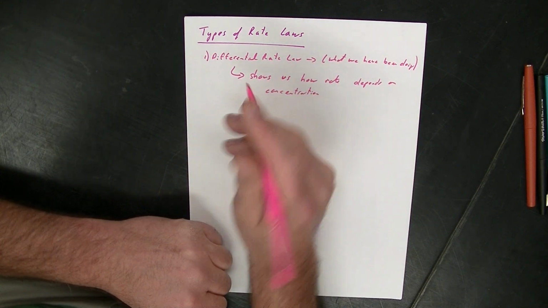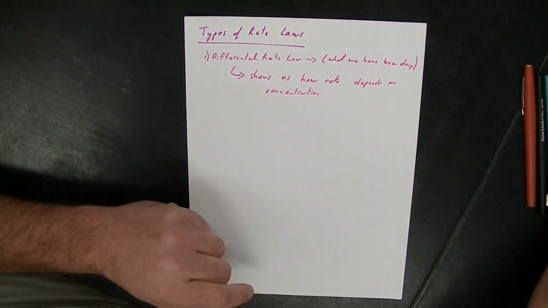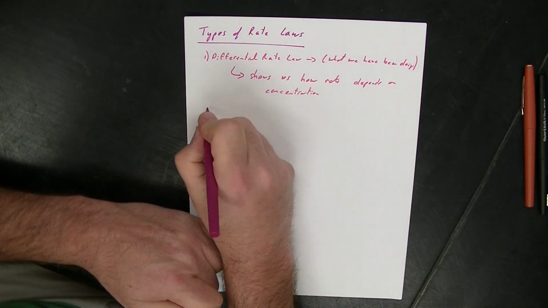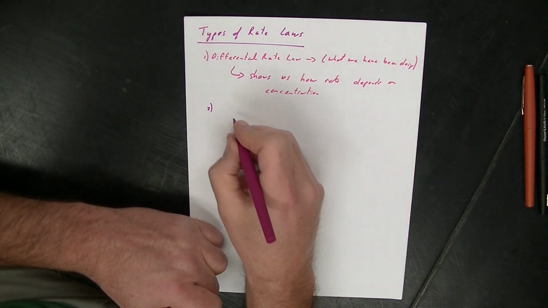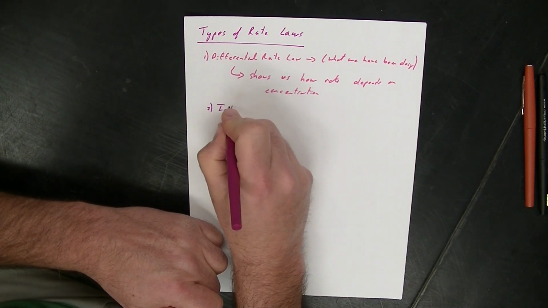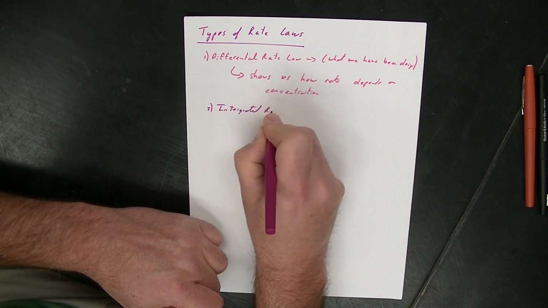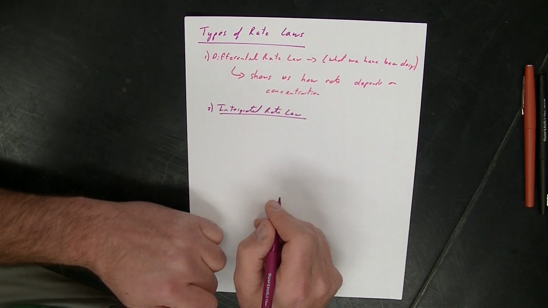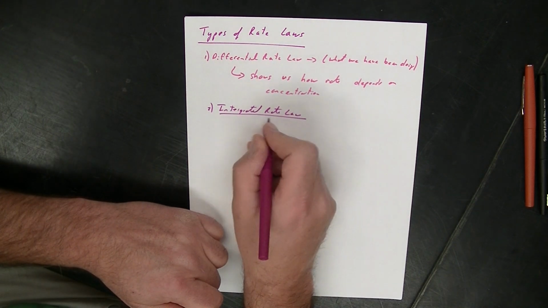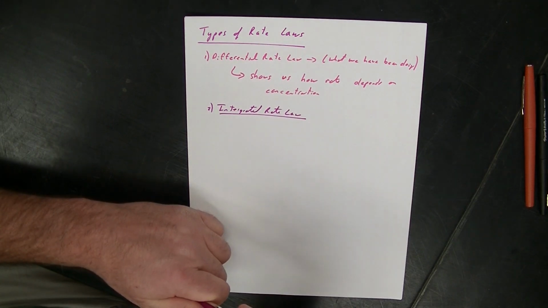There's actually a second type of rate law, and it's called the integrated rate law. The integrated rate laws actually show us how concentration depends on time.